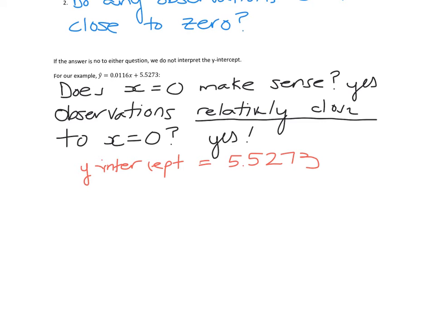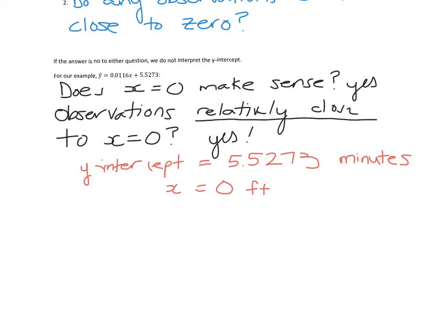And again, it's a y value when our x is 0, where x equals 0 is the explanatory variable. So it's not 0, it's really 0 feet. The y-intercept is not just 5.5273, it's 5.5273 minutes. So it's the time it takes to drill 5 feet at the surface.